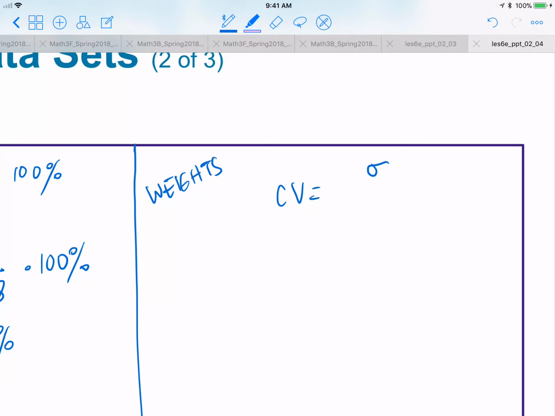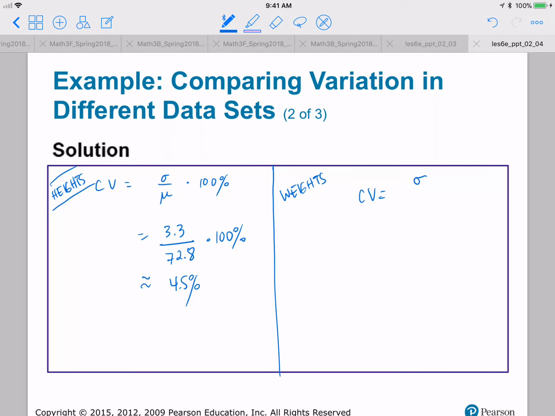All right, and now here we have the same formula, sigma over mu times 100%. If you did it correctly, remember you should be using that Sx for your population standard deviation. It should be about 17.7 for the weights, and your mean should be 187.8. Divide and multiply by 100%, and you should get about 9.4%.